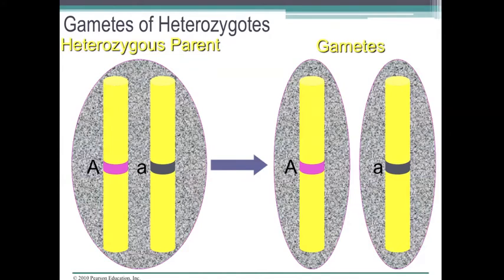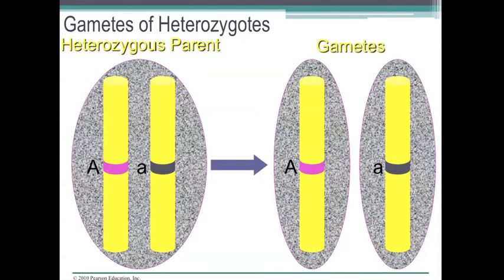These are the two possible gametes. Again, remember, only one of each chromosome can go into the gametes. So one gamete has the uppercase A and one gamete has the lowercase a.